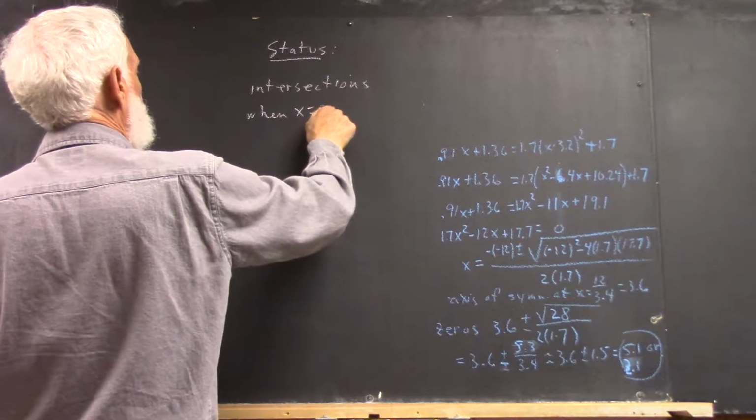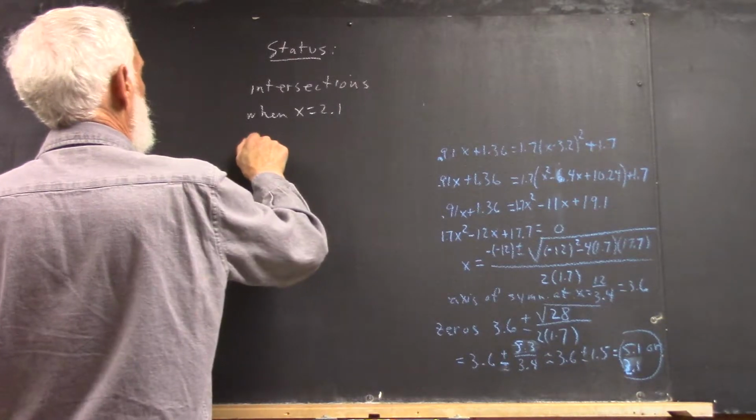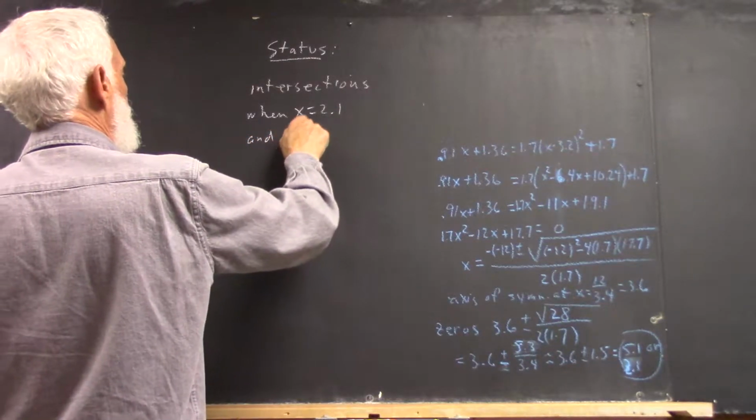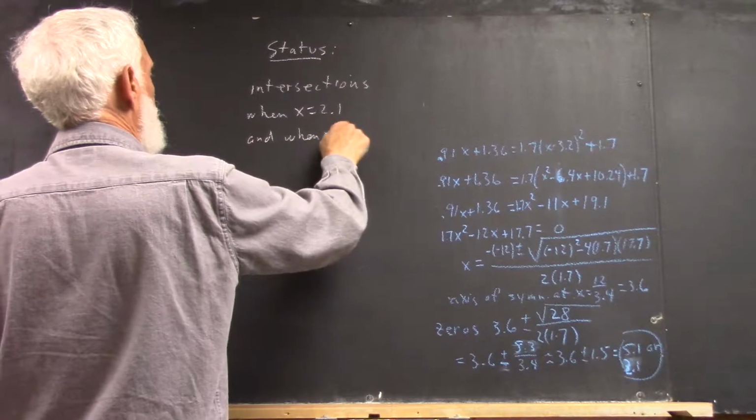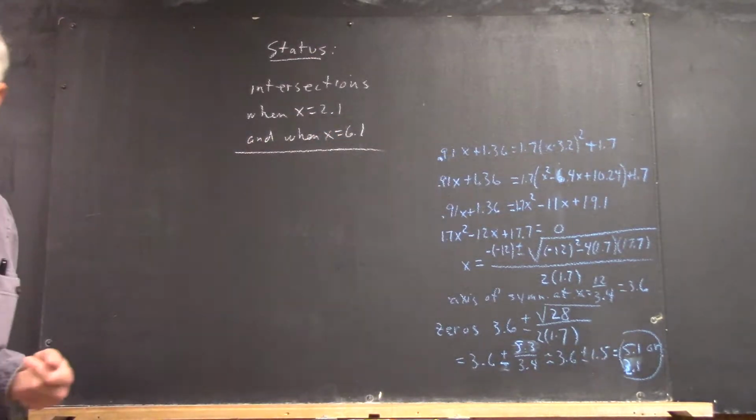Intersections when x equals 2.1 and when x equals 5.1.